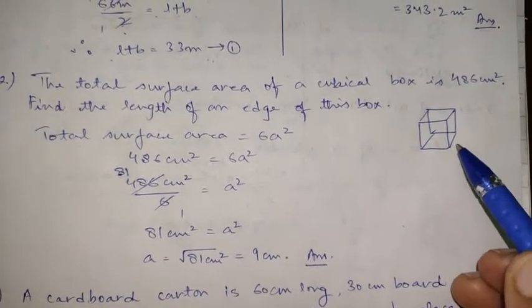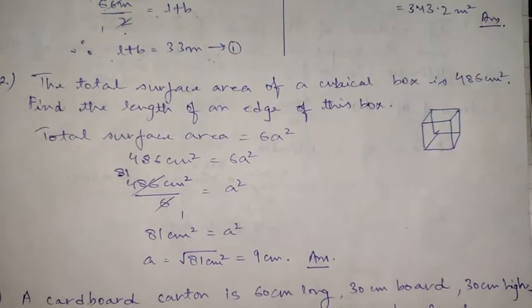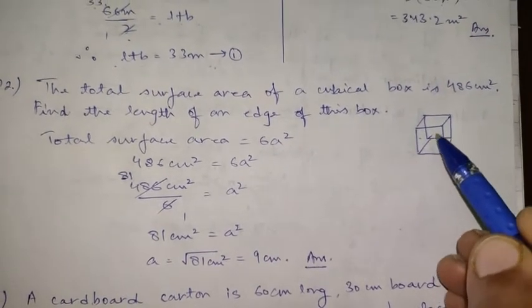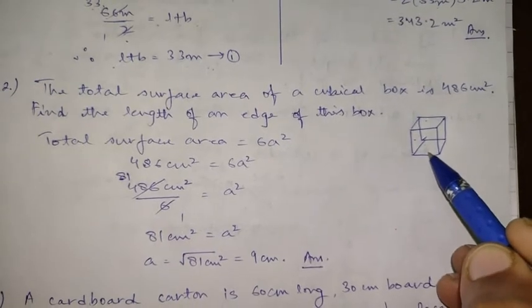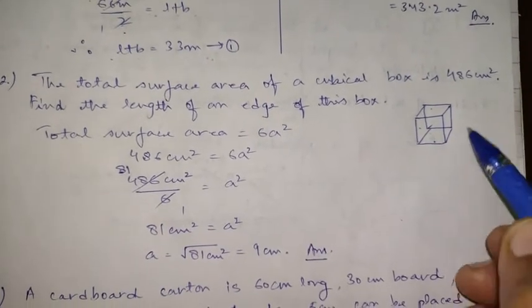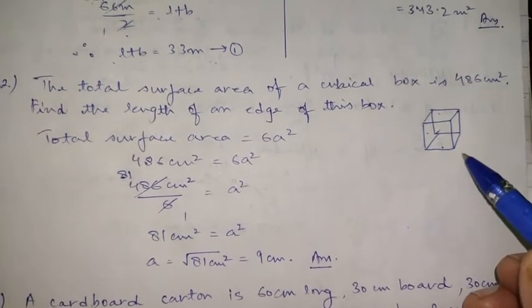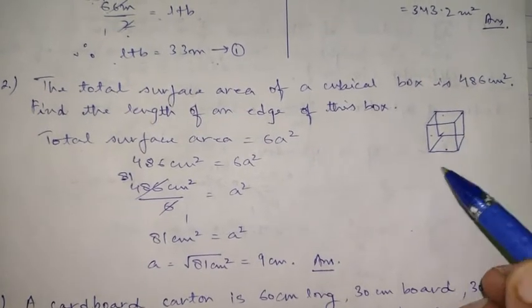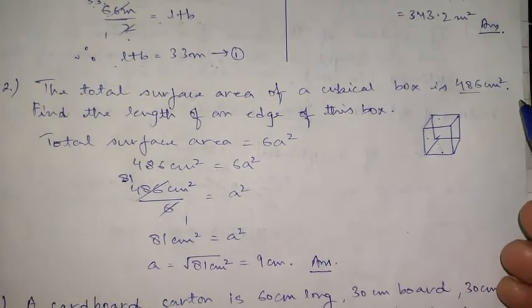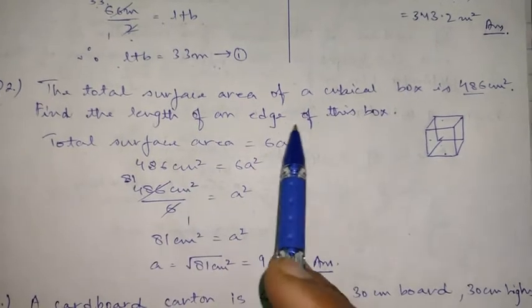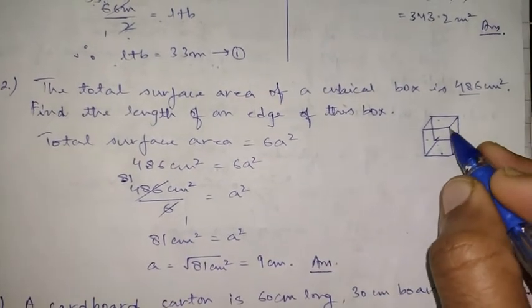Now this cube has 6 surfaces: 1, 2, 3, 4, 5 and 6 at the bottom. So the total surface area means the area of all the 6 surfaces, which is given as 486 centimeter square. And we have to find the length of an edge of this box. Edge means you have to find any one side.